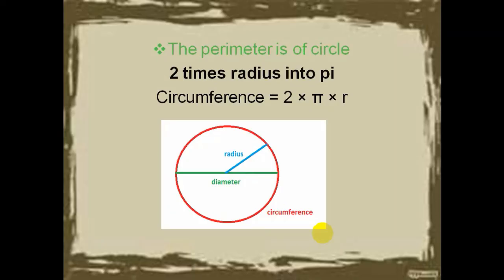You see over here, this is a circle: this color represents the radius, this color represents the diameter, and this red color overall represents the circumference of the circle.